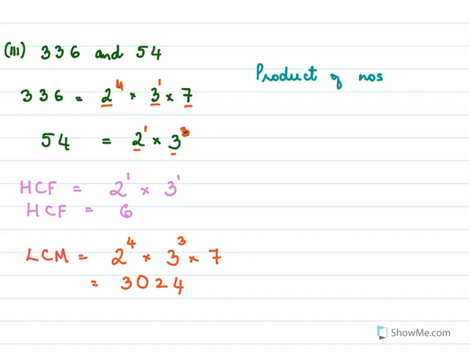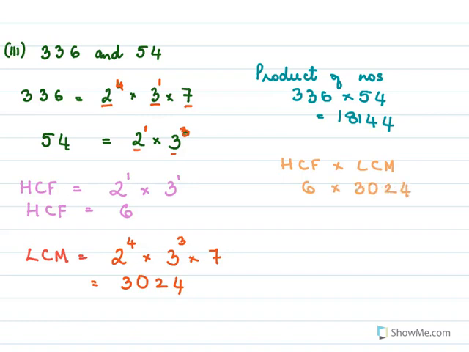Product of numbers is 336 into 54, and 336 into 54 is equal to 18144. And then we find the product of HCF and LCM. HCF 6, LCM 3024, and that answer also comes 18144.